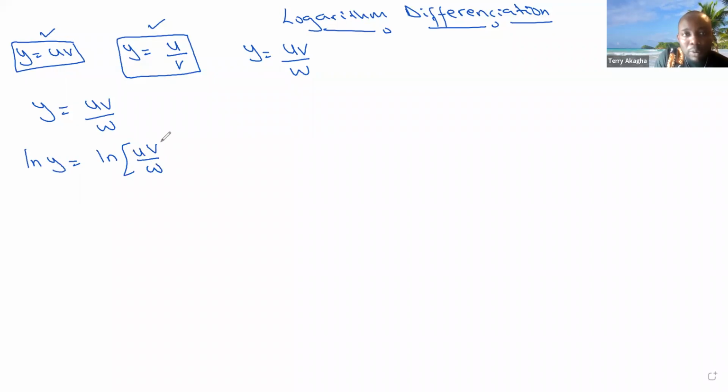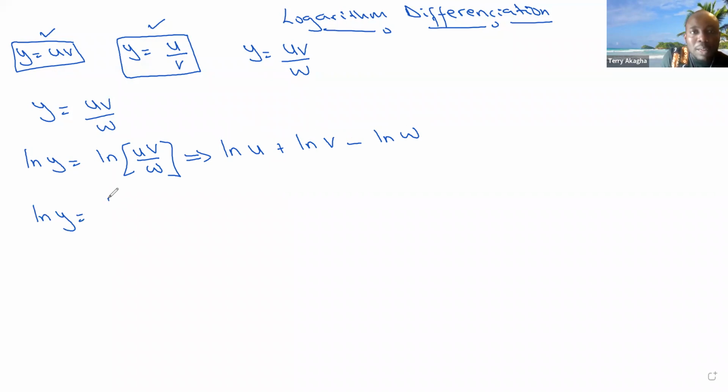ln of uv over w. Because it's ln, it's going to be the same thing as ln u plus ln v, and because of the divide, it's going to be minus ln w. So I can write it as ln y is equal to ln u plus ln v minus ln w. Now we differentiate each of them.